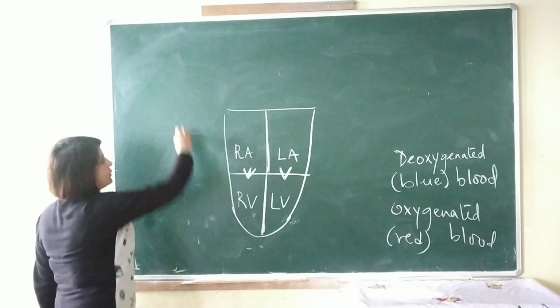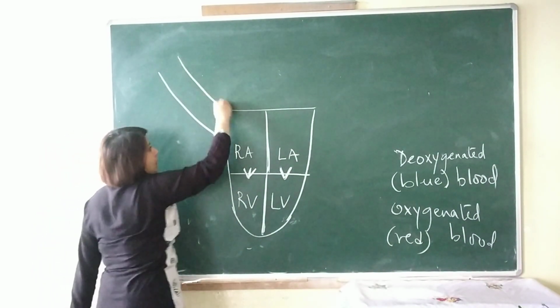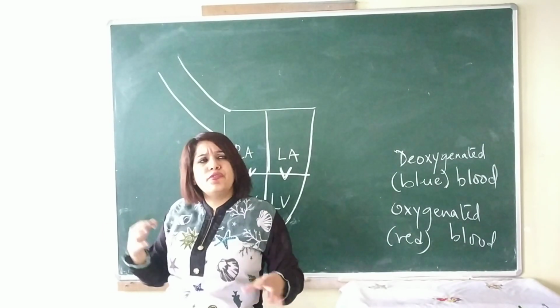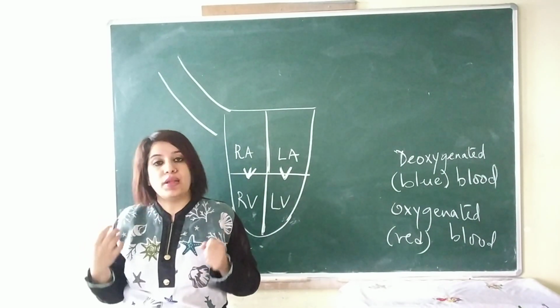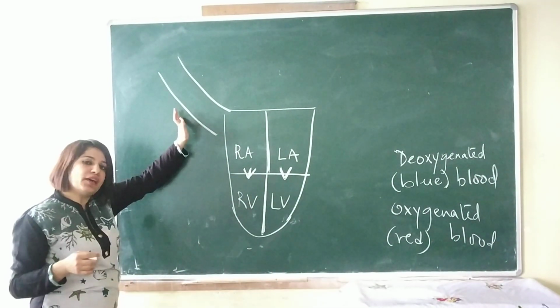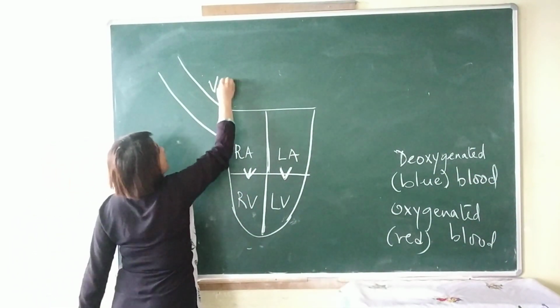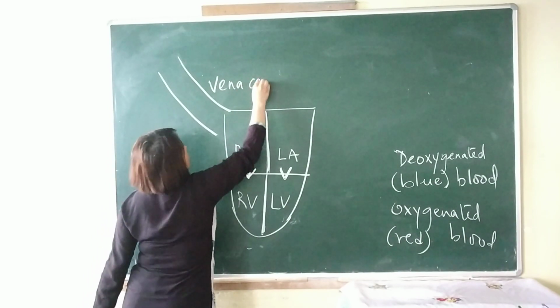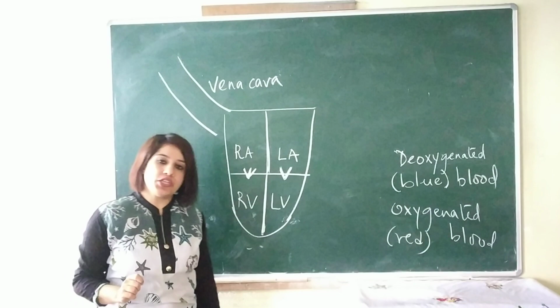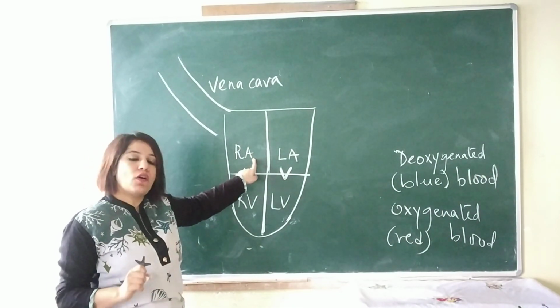Okay, let's continue now. From the body, the deoxygenated blood has to be brought to the heart. So, there is a special blood vessel called the vena cava that brings deoxygenated blood to the right auricle.